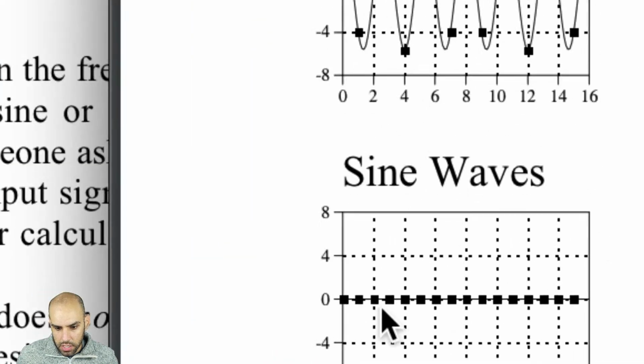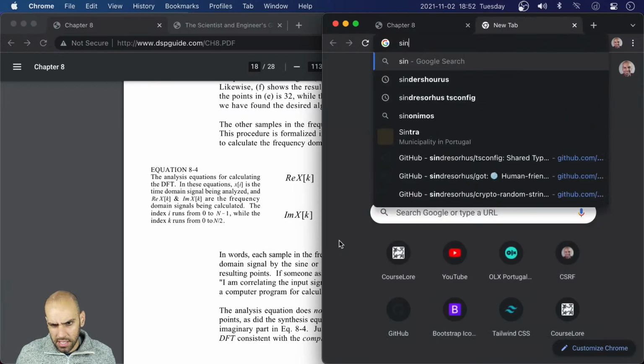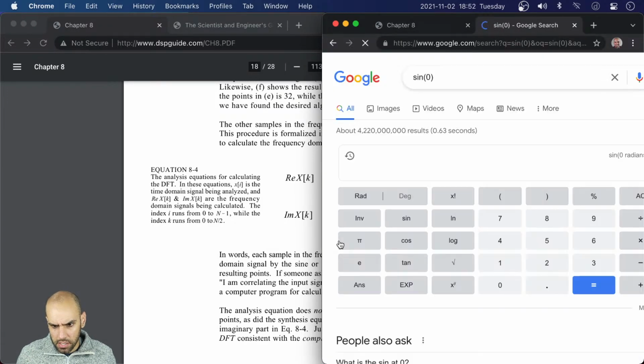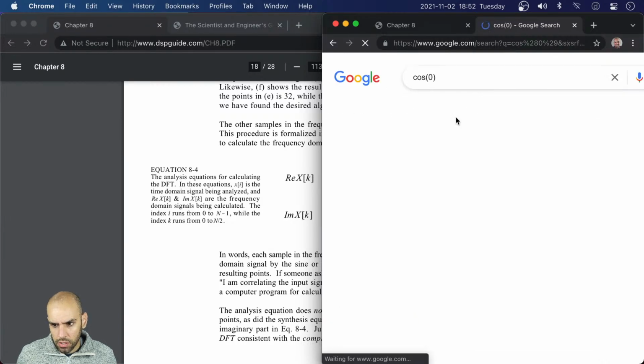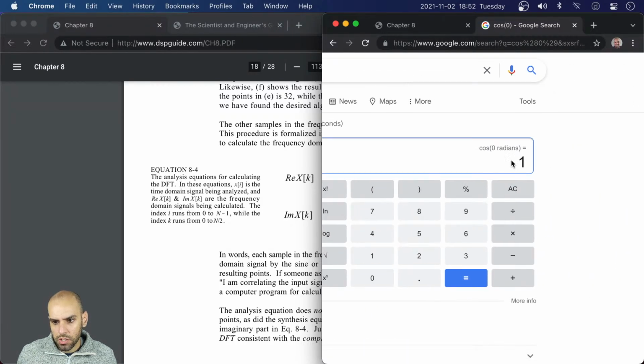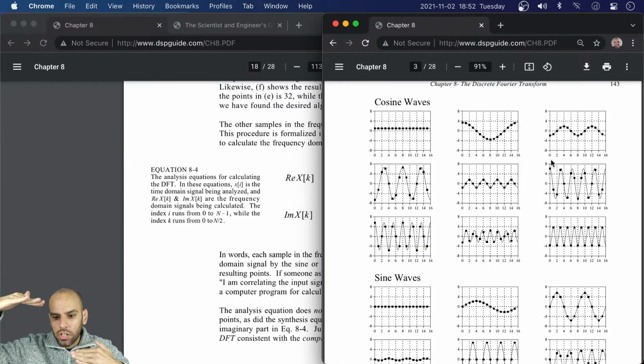And this is just the number 0 over and over. Right? There is no oscillation, so it just starts there and it stays there. And that's because the sine of 0 is 0, and the cosine of 0 is 1. So if there is no oscillation, it just starts at where they start, and they stay that way forever.